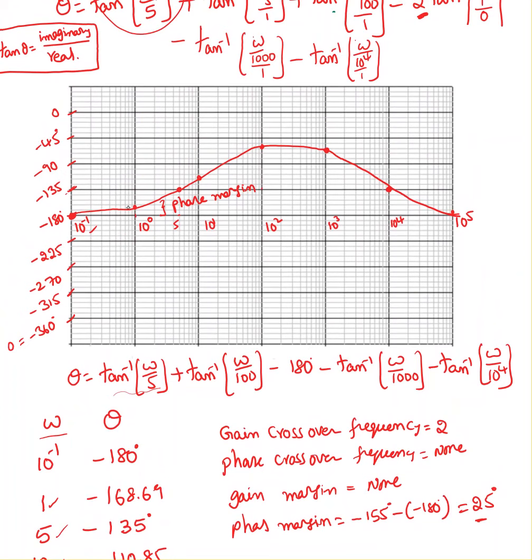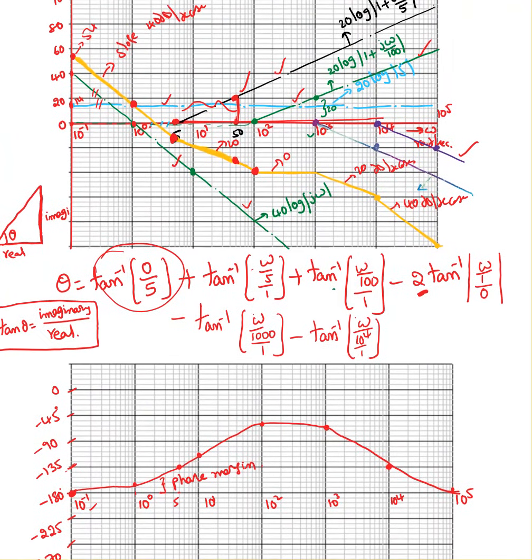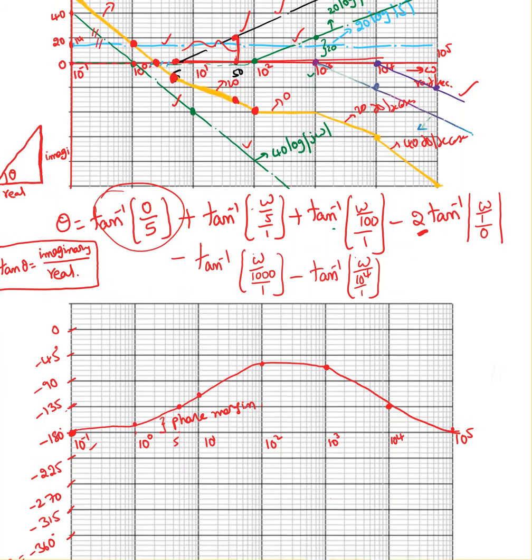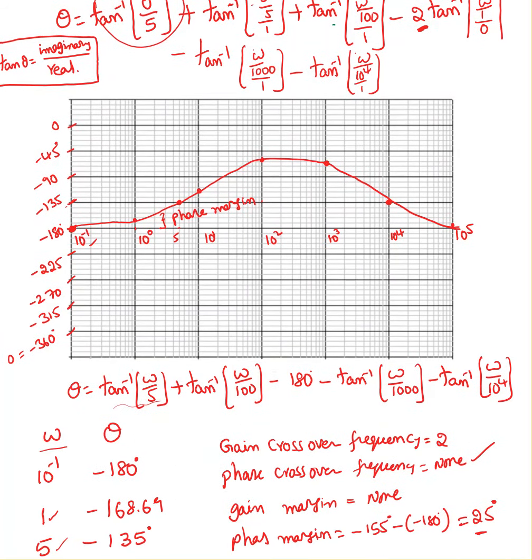Here the phase is not crossing 180 degrees anywhere, so I don't see any phase crossover frequency, so I would say phase crossover frequency is none. Gain crossover frequency is where the gain is crossing 0. So here it is crossing right there, between 1 and 2. I chose the gain crossover frequency as 2. It's an approximate value, so I chose that from the graph.